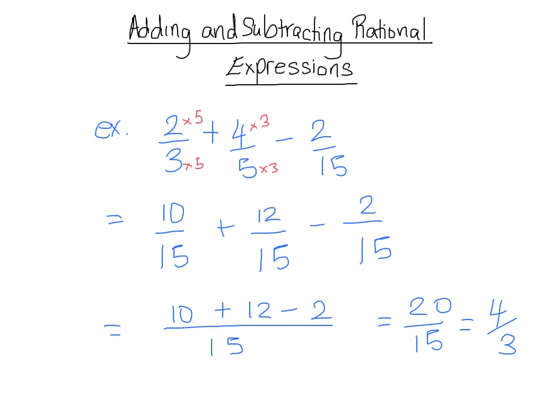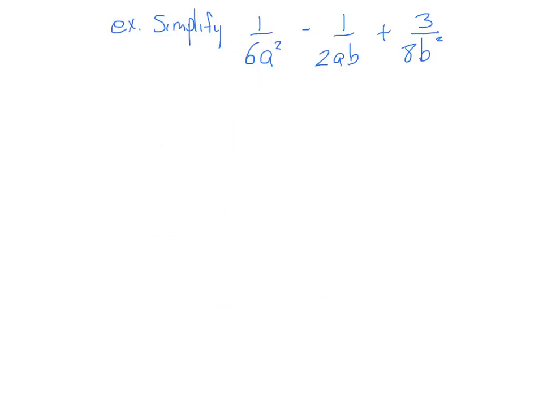Just to remember how to simplify, the 5 is a common factor, so we divide everything by 5. We get 4 when we divide 20 by 5, and we get 3 when we divide 15 by 5. All right, great. Let's move on to something a little bit more challenging with variables.